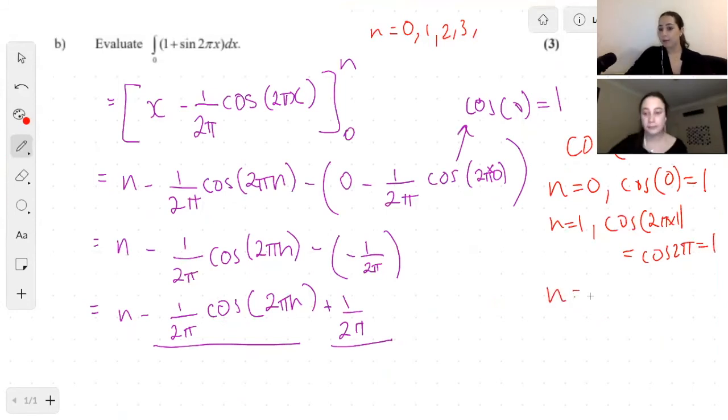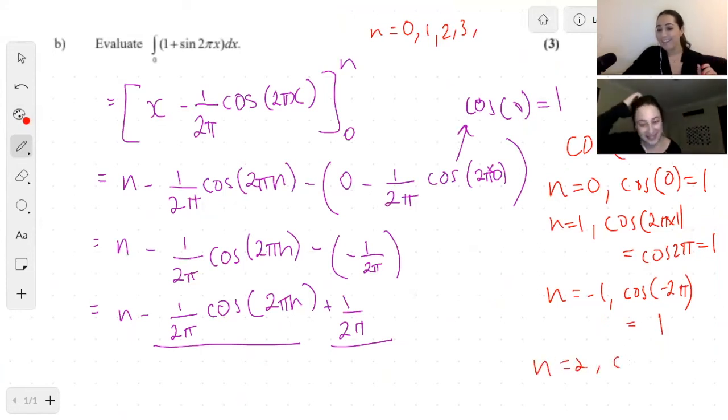Let's try negative 1. When n equals negative 1, we get cos of negative 2 pi. And that becomes 1. Let's try 2, the last one, I promise. Cos of 2 pi times 2 is cos 4 pi, which is just 1.